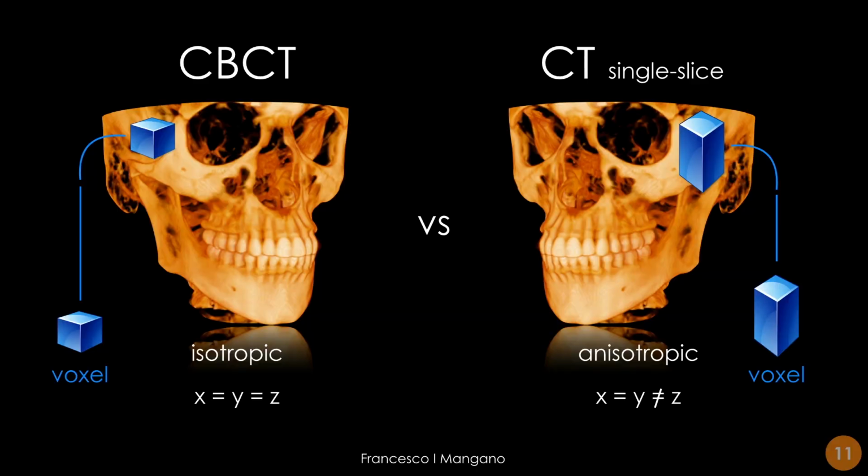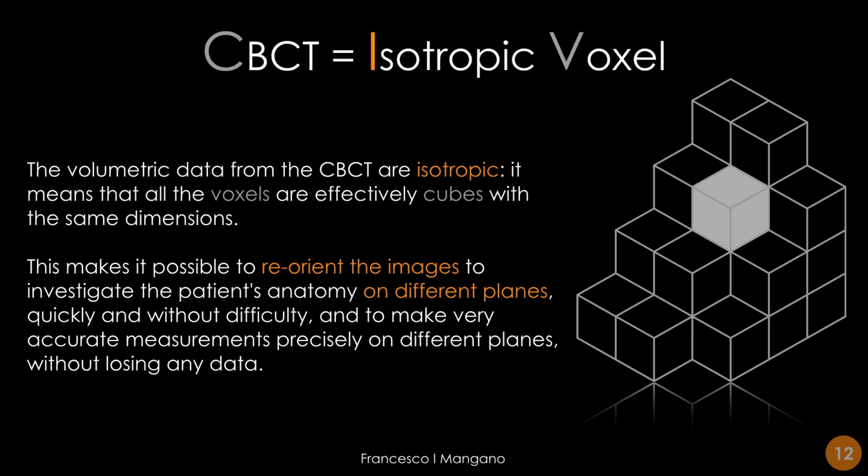And here we can see the difference between a single slice medical CT versus cone beam computed tomography. In cone beam computed tomography, the voxel is isotropic. In the medical CT it is anisotropic. So that's the voxel. The volumetric data from cone beam computed tomography are isotropic.